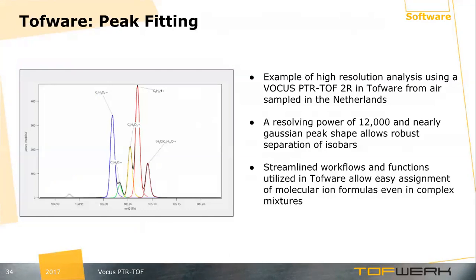So then the final part of the post-processing workflow is to do the high-resolution fitting. So here I'm showing you a spectrum that I've already shown you before, which is measured with 12,000 resolution on the 2R from the Netherlands.